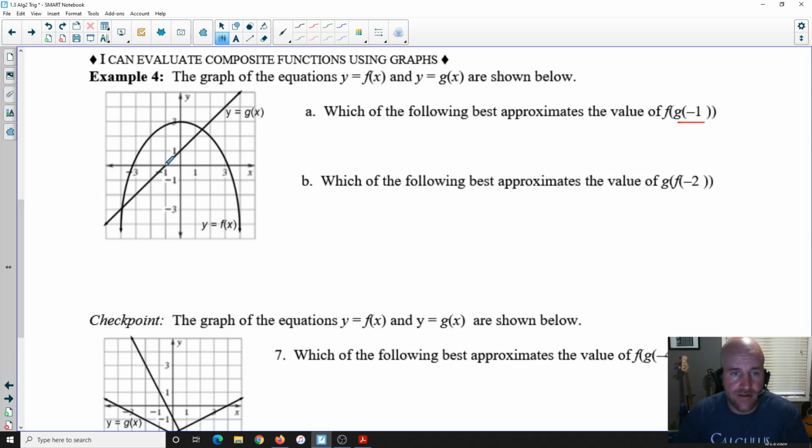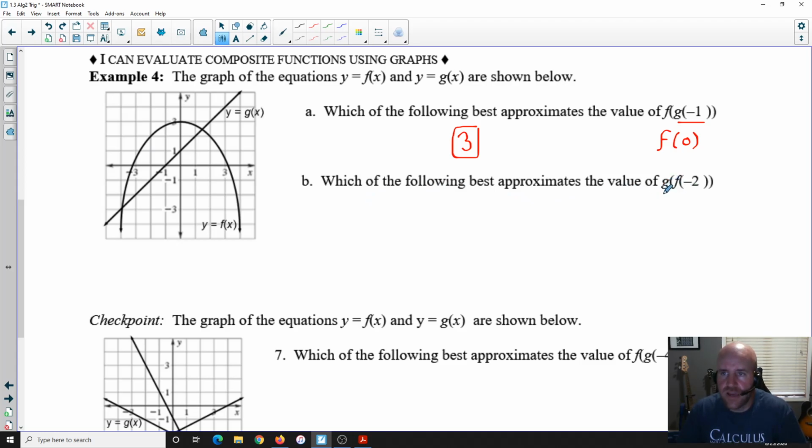So we're right on it. So y is 0. So we now need to evaluate f of 0. Go to 0 on the x, which is here. The f, remember, is the parabola. So we go here, and it is an output of 3.